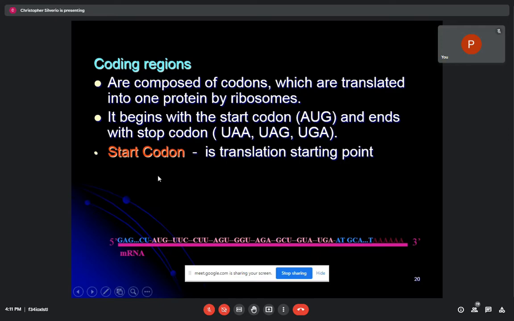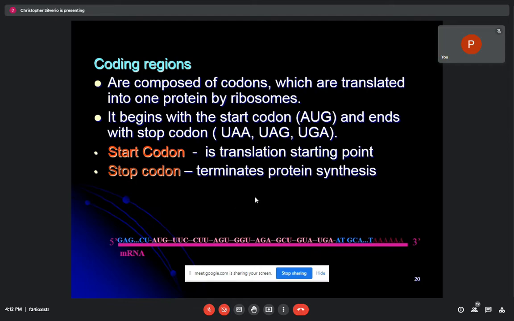And the start codon is the starting point, and that is the AUG.